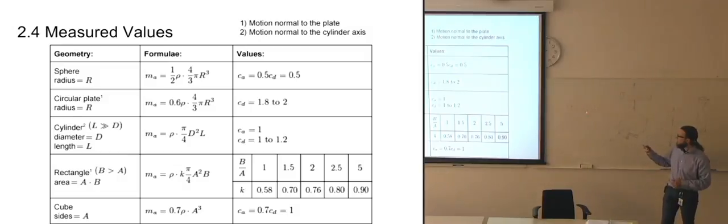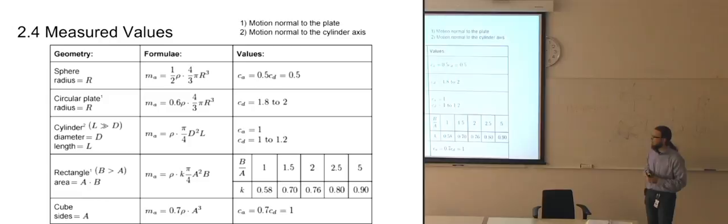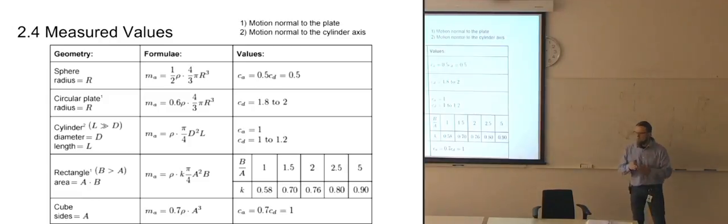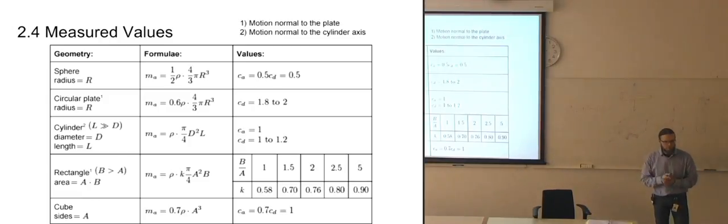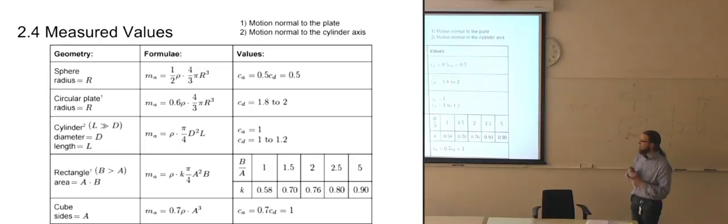If we look at the recommended practice from DNV, I think that one is a bit more complete, so it has more values to look at. It also has more cases to look at than this.